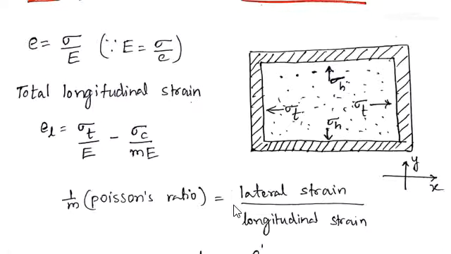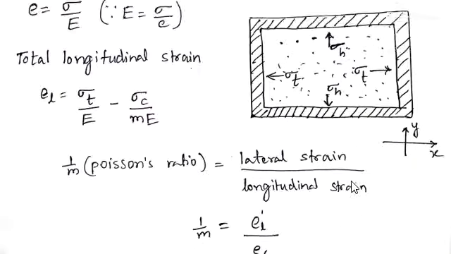So here the longitudinal stands for the primary direction. If you take this stress as the primary stress, the strain in this direction is primary strain or longitudinal strain, and the strain because of this stress along the lengthwise direction will become lateral strain.